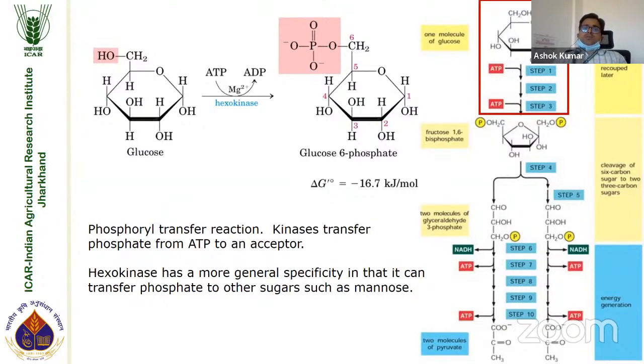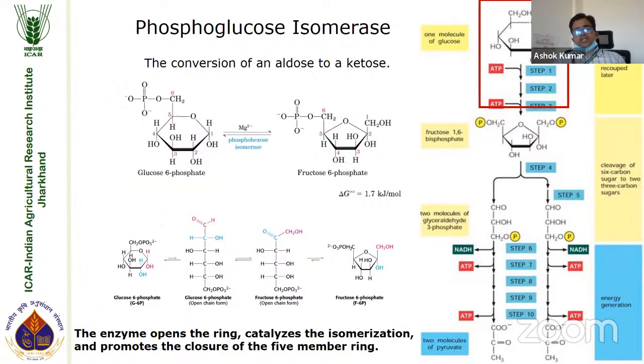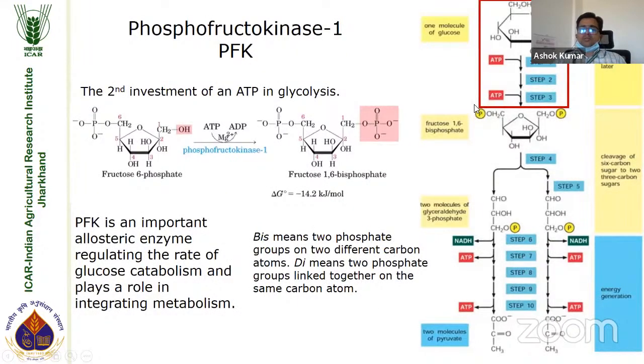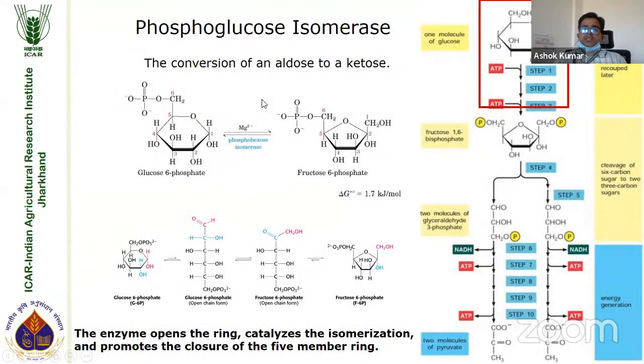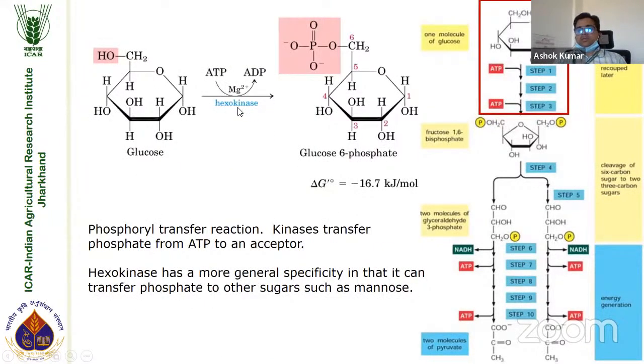Similarly, in the second reaction, phosphoglucose isomerase isomerizes glucose 6-phosphate into fructose 6-phosphate, and further this fructose 6-phosphate is converted into fructose 1,6-bisphosphate in the presence of phosphofructokinase. You will see that the earlier ones are reversible reactions, while hexokinase is an irreversible reaction.